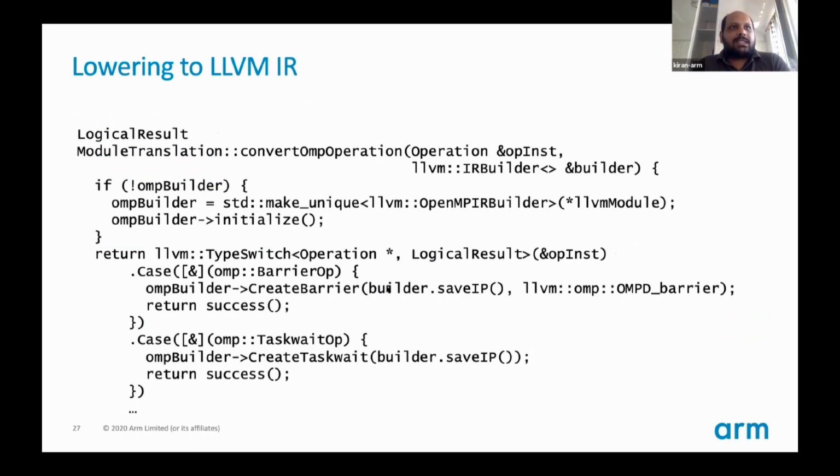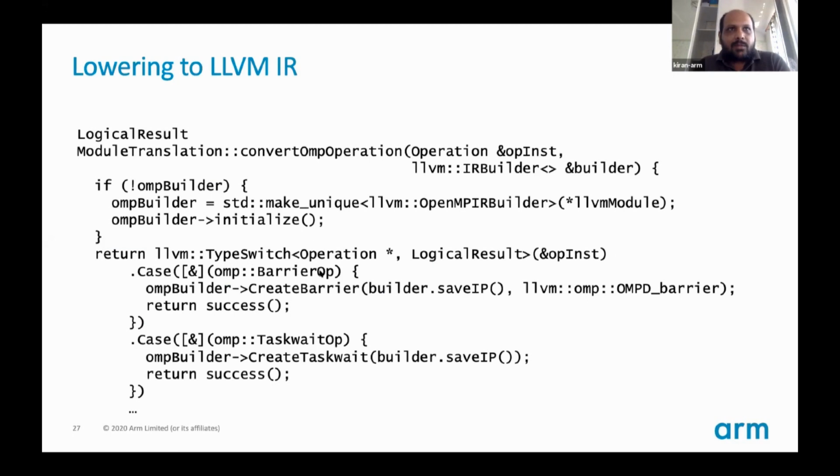So I've just shown a bit more code for the convertOpenMPOperation inside the translation module. This function basically takes in an operation as well as an LLVM-IR builder. It creates an OpenMP IR builder if it does not exist. And then there is a switch statement, which depending upon the type of the operation, calls the OpenMP IR builder.